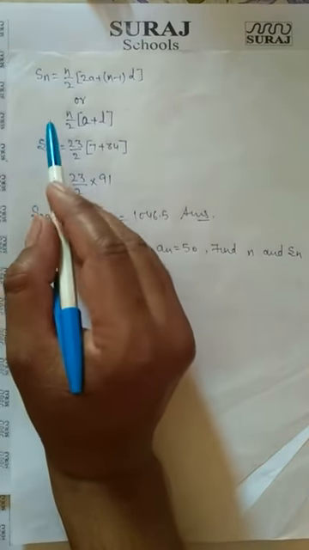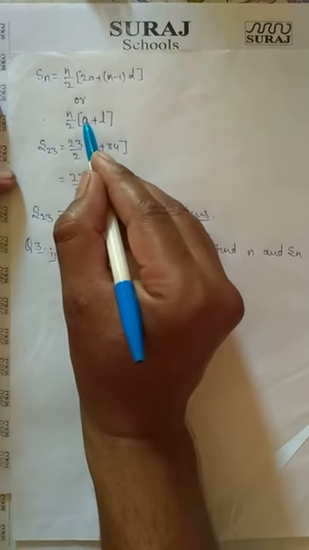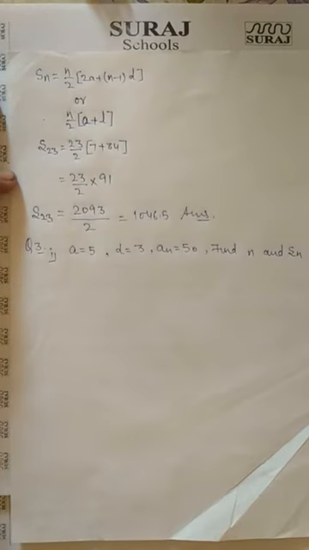Beta, first is the Sn, second is n, third is a, and fourth is l.